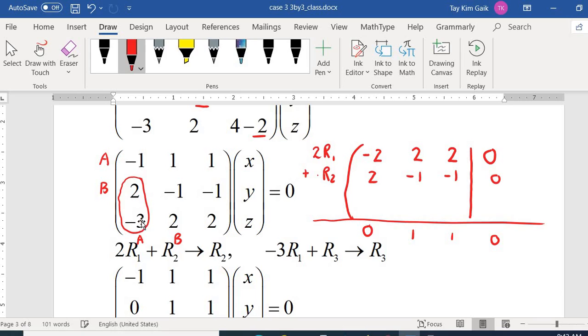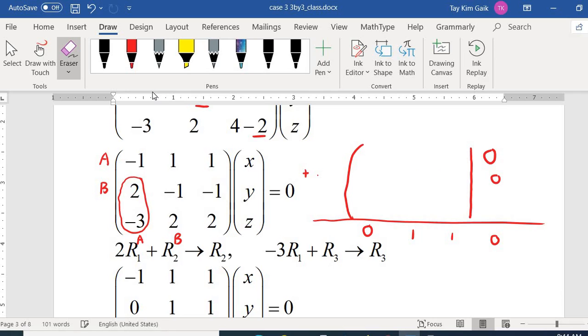Now we are going to eliminate the cell A31 to become 0.